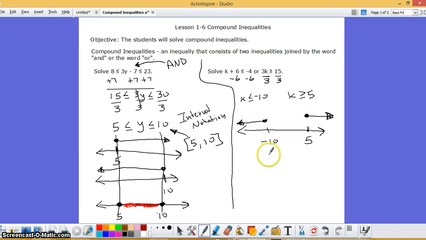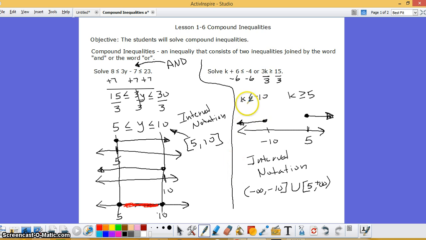For this, interval notation would be negative infinity to negative 10 bracket, union, bracket 5 to positive infinity going that way.